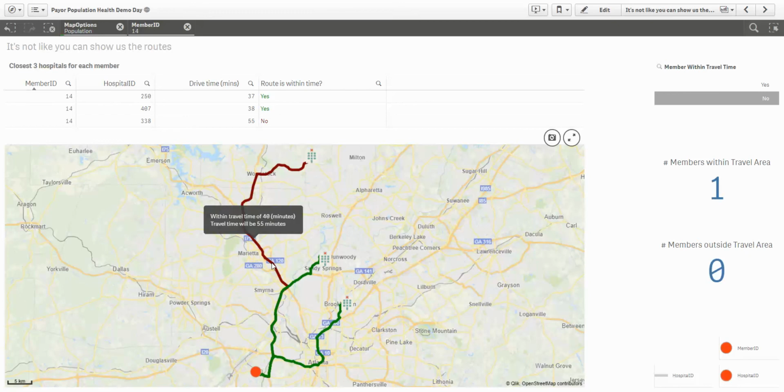So the purpose of all this, again, is not that mapping is just another way to do it. We've been doing mapping since 1854. The beauty of geospatial analysis and using Qlik's GeoAnalytics tool is that we can help find out members who are at risk.